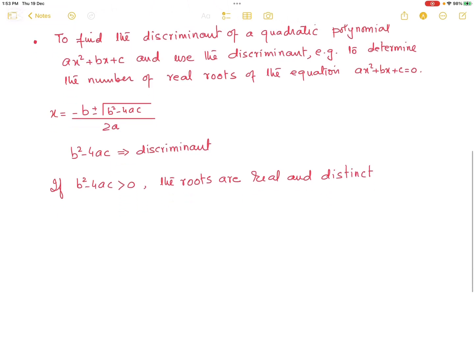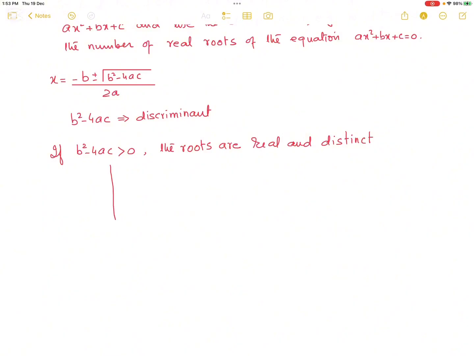What does it mean further? Suppose I sketch a quadratic curve in the Cartesian plane, and the curve is cutting the x-axis at two different points, it means b square minus 4ac is greater than 0. So the roots are real and distinct. Distinct means two different values. Suppose the quadratic curve is upside down and it is cutting the x-axis at two different points, so b square minus 4ac is greater than 0.